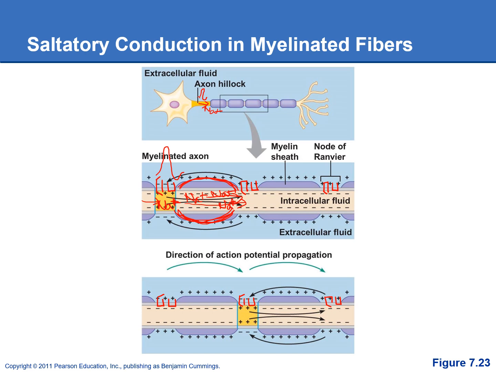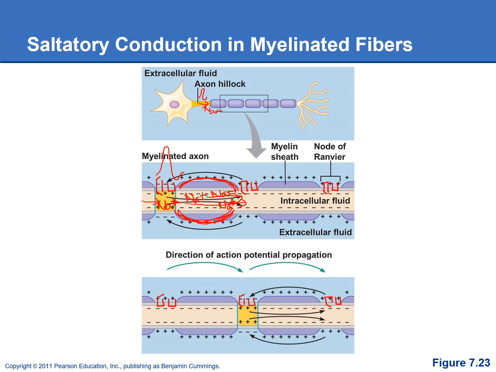And so that allows this next node of Ranvier, where we've got a gap here, and then we've got our next grouping of voltage-gated sodium and potassium channels at this next node of Ranvier. So there's no voltage-gated sodium or potassium channels where the myelin sheath is, but they are located at these nodes of Ranvier. So at this next node of Ranvier, we reach threshold again.